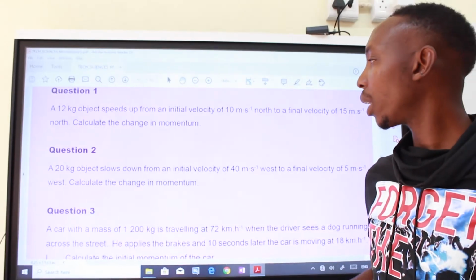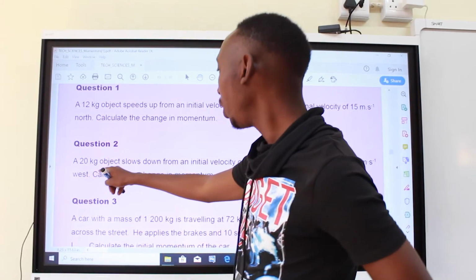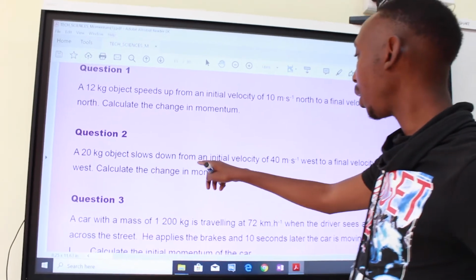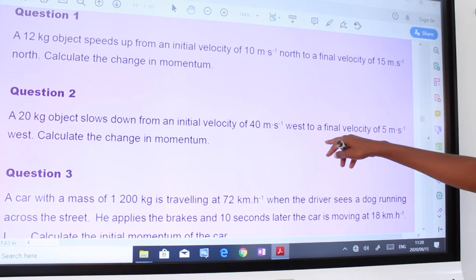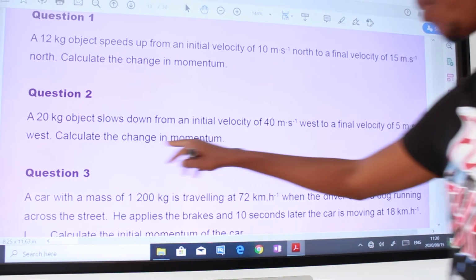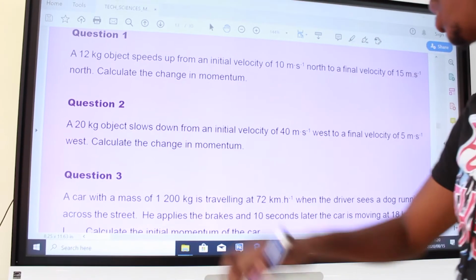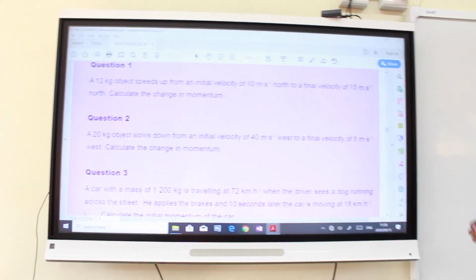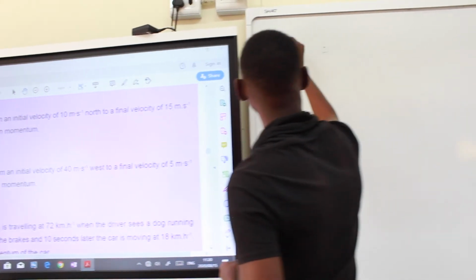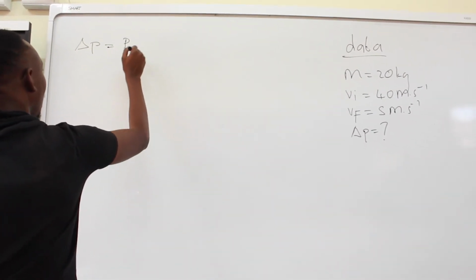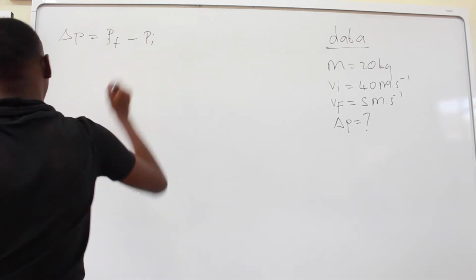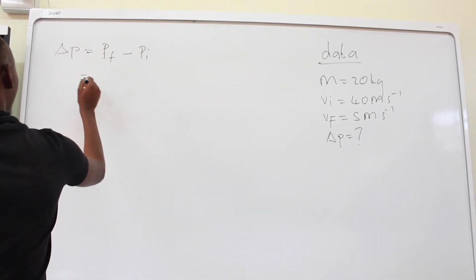Now let's look at question 2. A 20 kilogram object slows down from an initial velocity of 40 meters per second west to a final velocity of 5 meters per second west. Calculate the change in momentum. We still use the same formula. Change in momentum is the difference between the final momentum and the initial momentum.